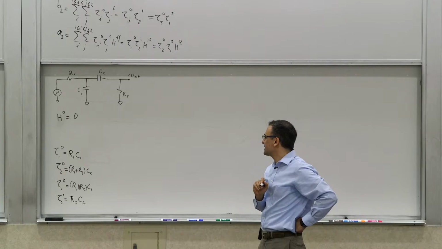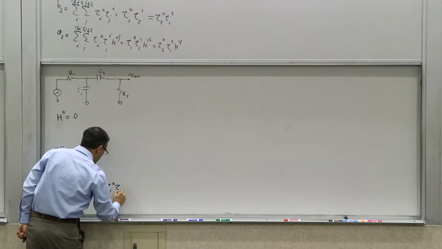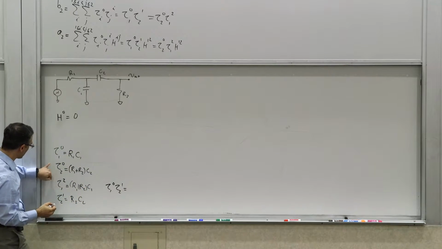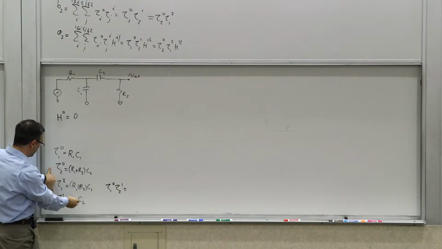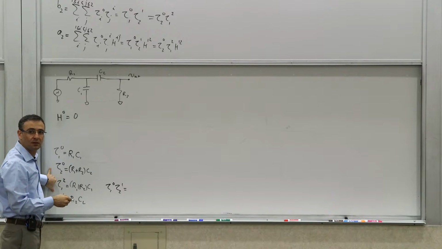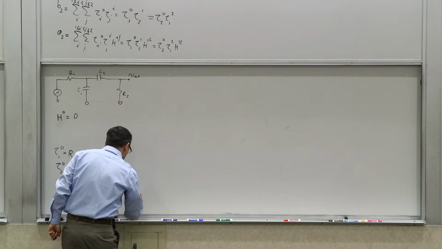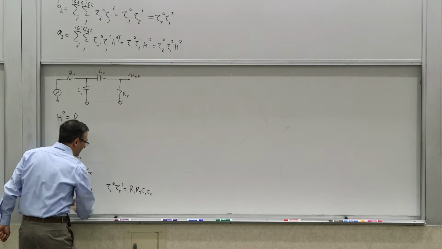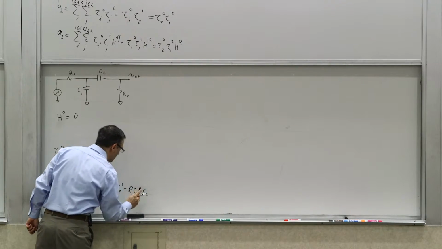Okay, so now let's check that identity. Tau 10 times tau 21 is what? It's R1, R2, C1, C2, or you can write it better as R1 C1 R2 C2.